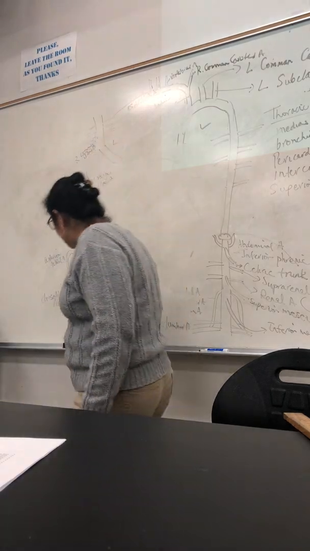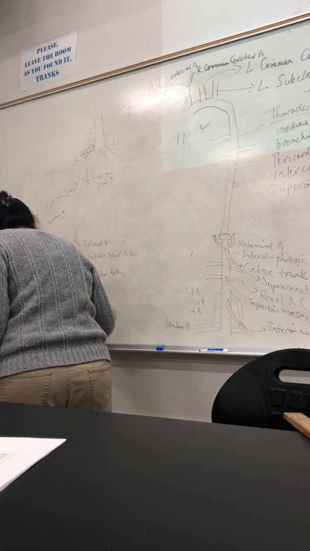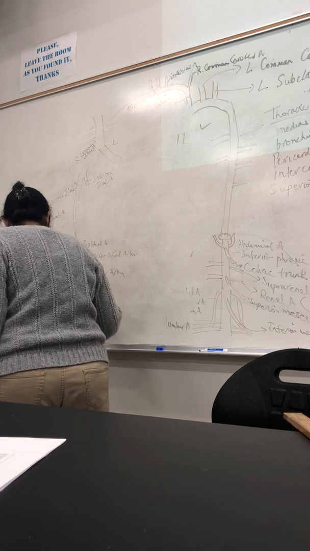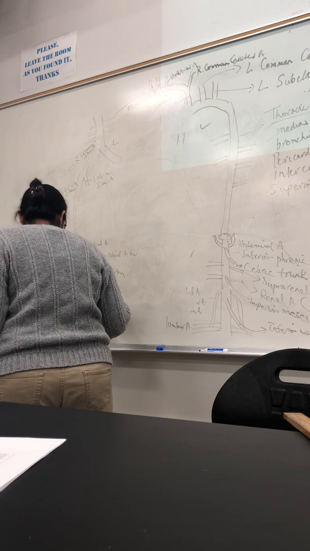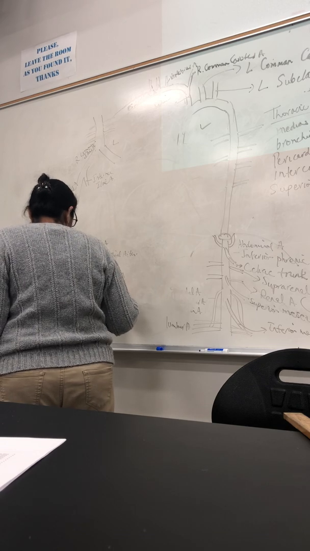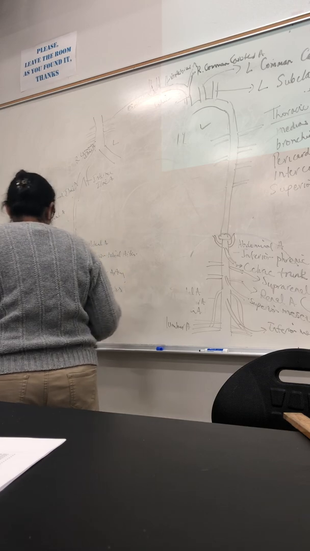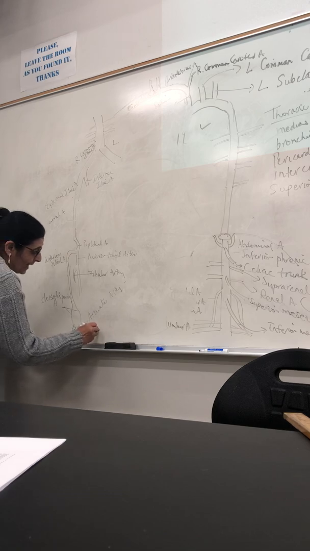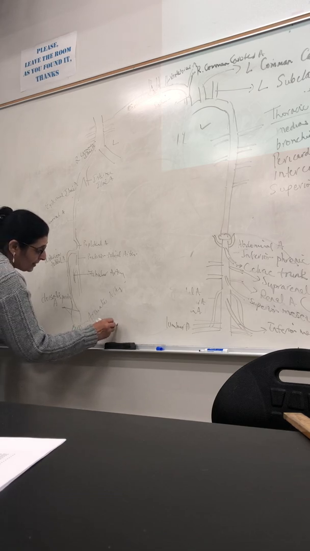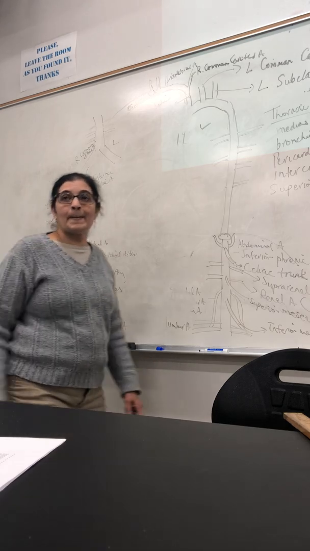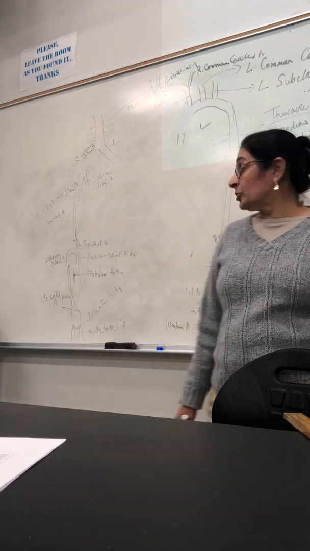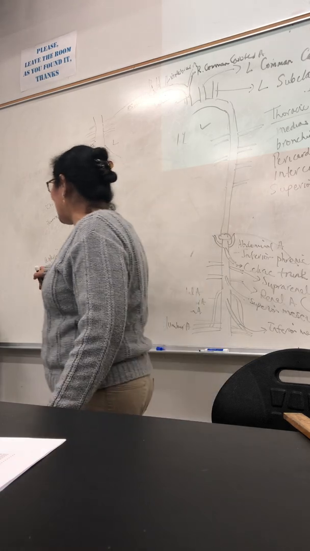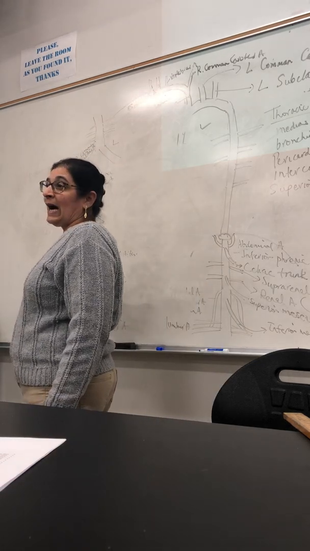And this arch over here is known as the arcuate artery. And then from the arcuate artery, you have 5 branches, and these are known as the metatarsal arteries. So this is from the anterior tibial artery.